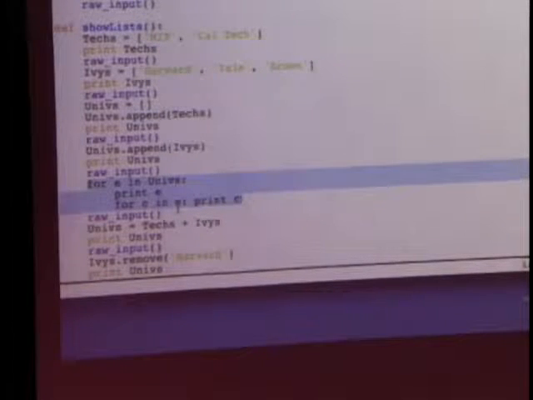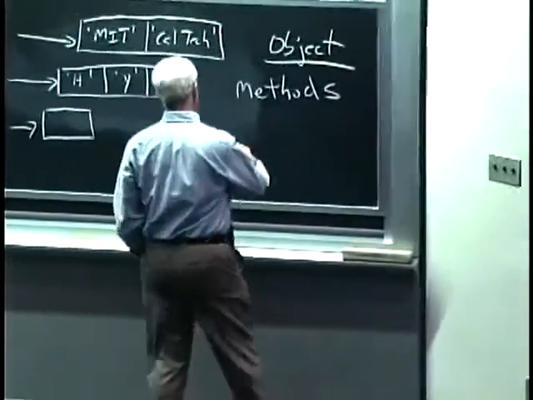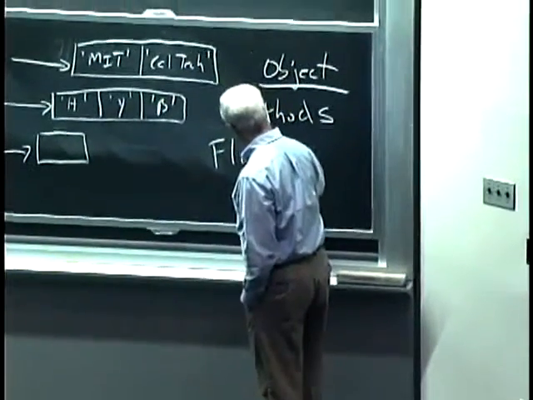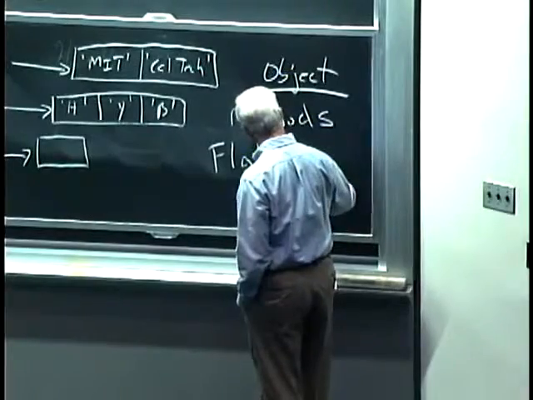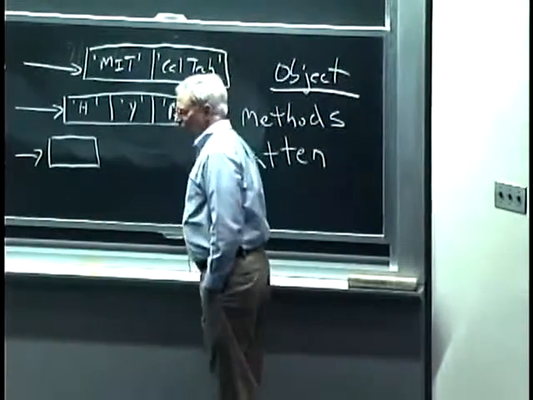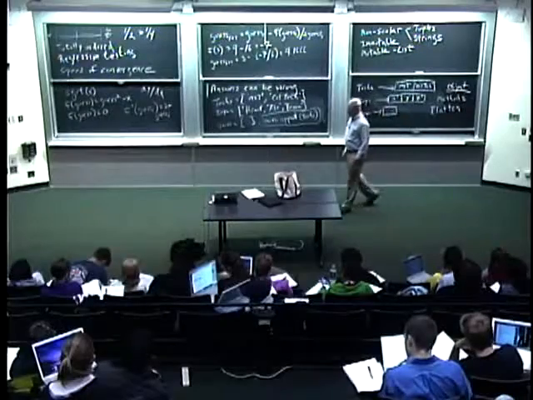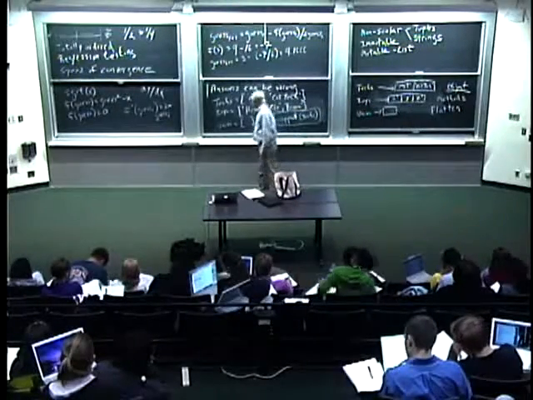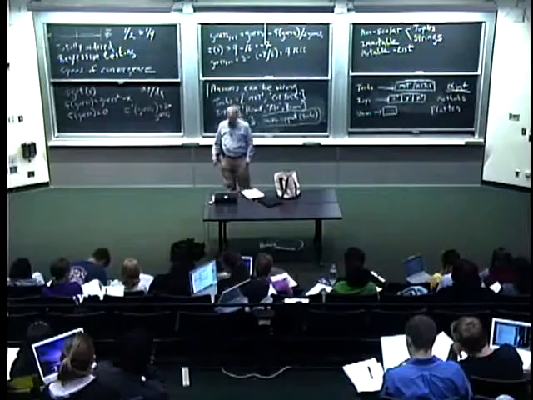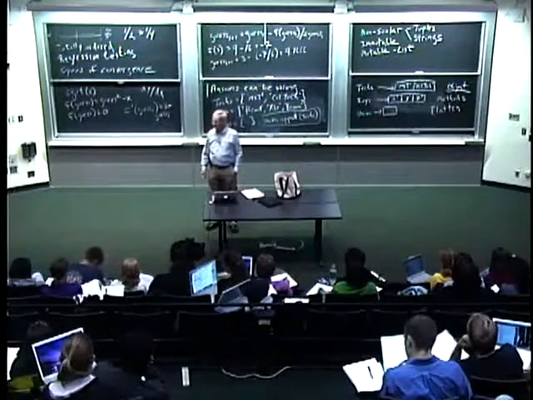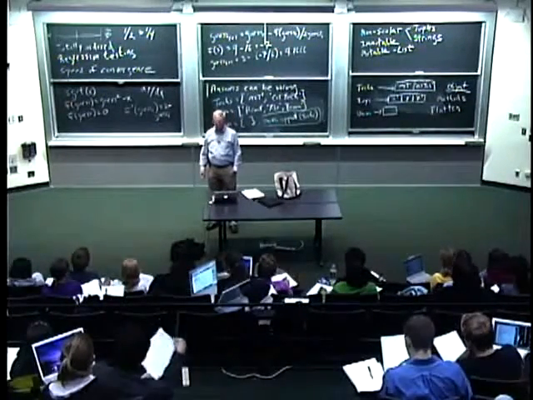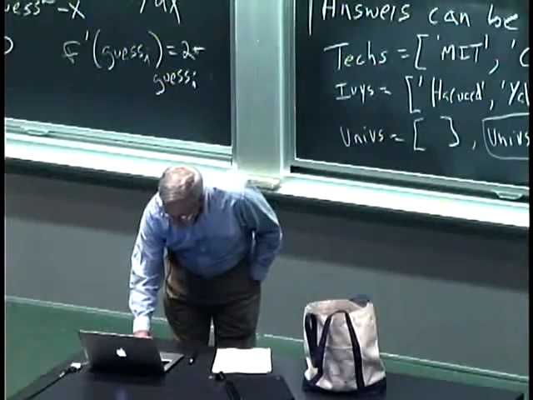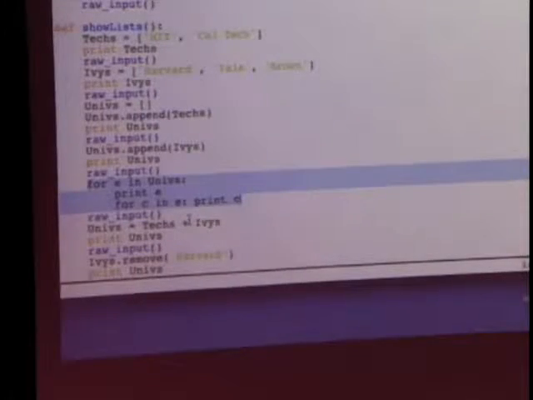Suppose I don't want all of this structure, and I want to do what's called flattening the list. Well, I can do that by, instead of using the method append, use the concatenation operator. So I can concatenate text plus IVs and assign that result to UNEVs.